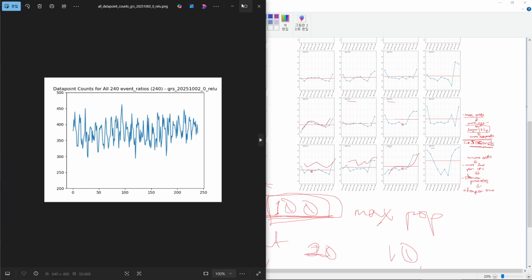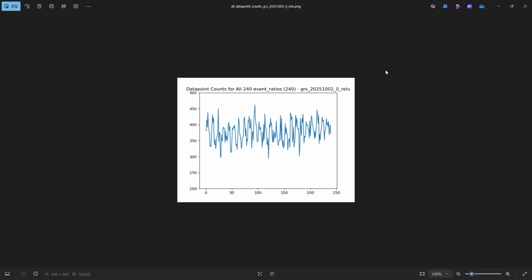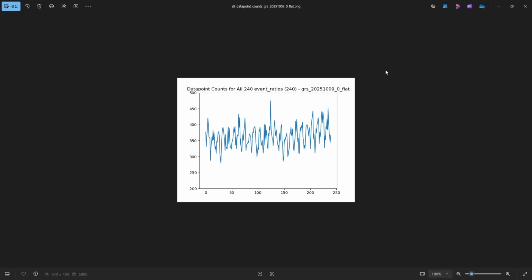By the way, this is the data point counts for all 240 event ratios, not grouped, just for individual event ratios. Yeah, and you can see why it's so hard to try to find a pattern here. See, everything just looks like noise. Which is why I felt compelled to average sections out to smooth these lines.